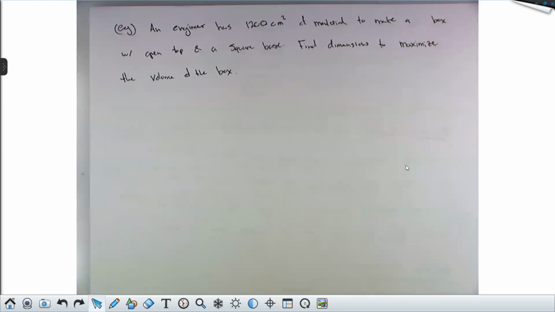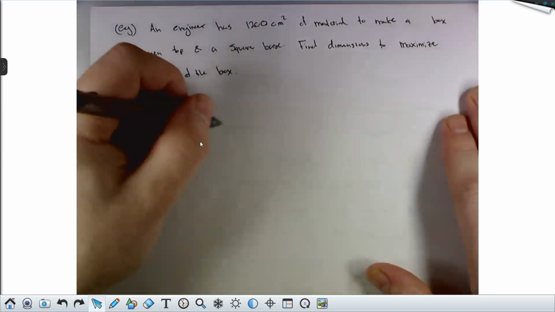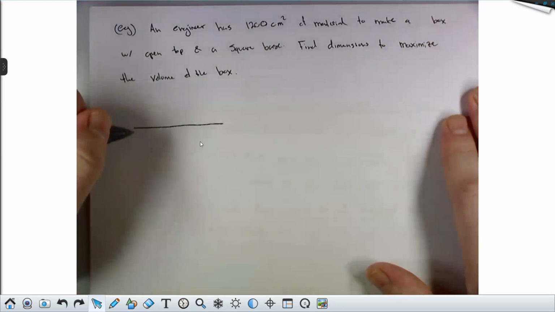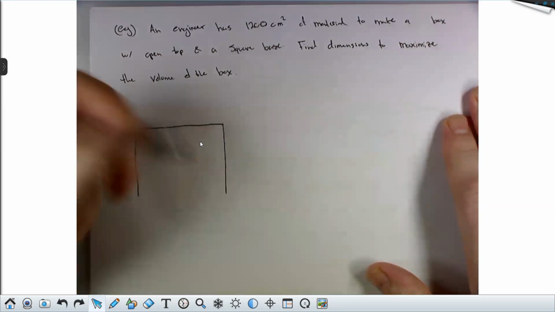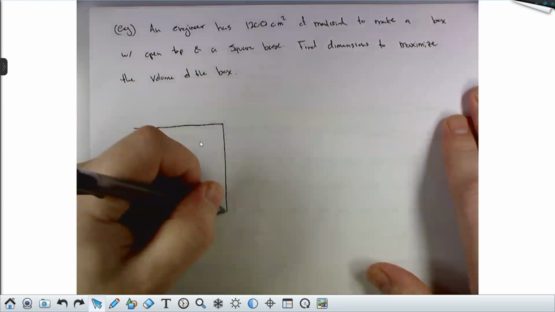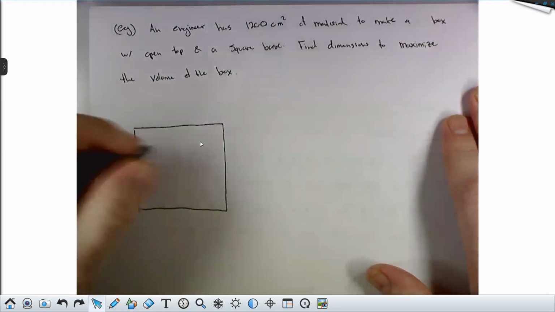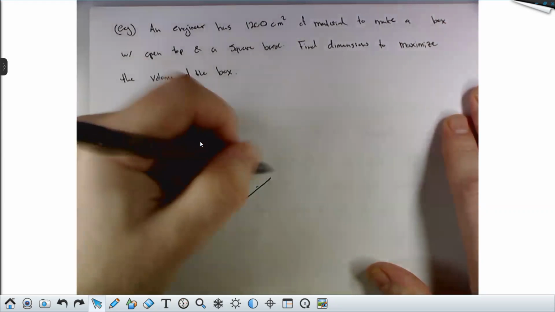So kind of like our related rates problems, we want to draw a picture, label things with variables where they're needed, and then use the geometry to write down some equations. So I'll do my best to draw this box. I'm told that the top is open and the base has to be a square.